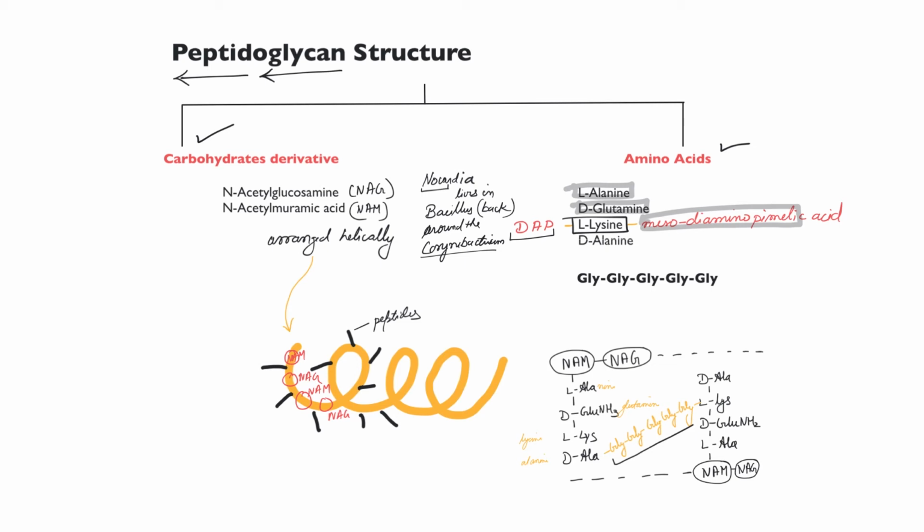Very important, notice the presence of D amino acids, because our enzymes are trained to digest the L amino acids. The presence of D amino acids helps the bacteria protect themselves against the enzymes.